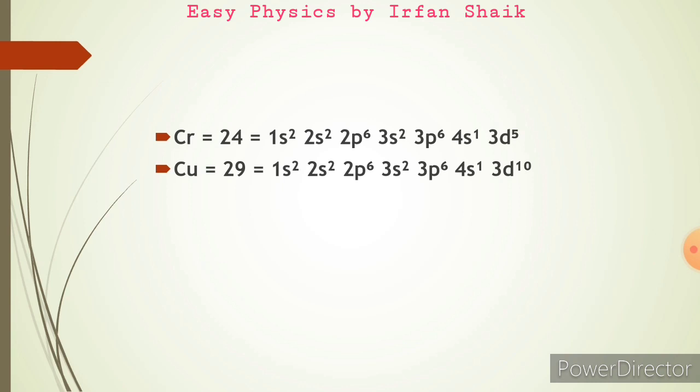But in the d orbital we know that there is place for 10 electrons. But here if one electron enters from 4s to 3d, 3d will get 5 electrons. That means it has a half-filled subshell. So it gets stability. That's why the electronic configuration of chromium changes like this: 1s2, 2s2, 2p6, 3s2, 3p6, 4s1, 3d5.